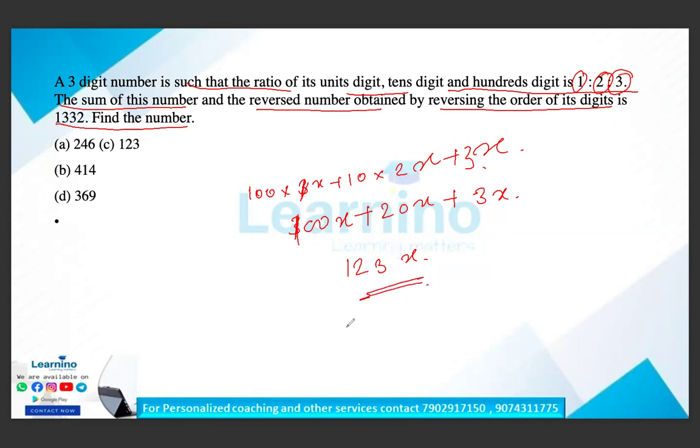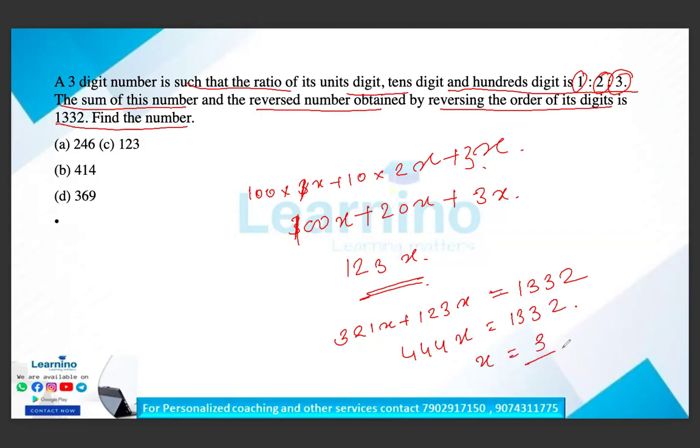According to the question, we know that 321x plus 123x is equal to 1332. So 444x equal to 1332, x equal to 3.